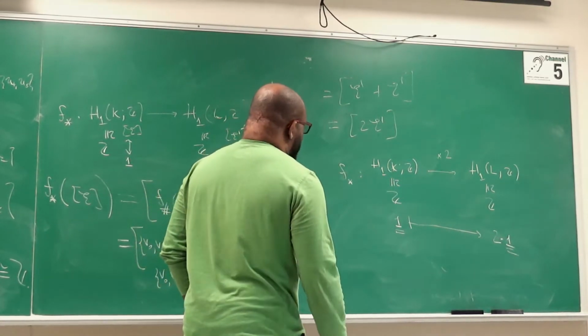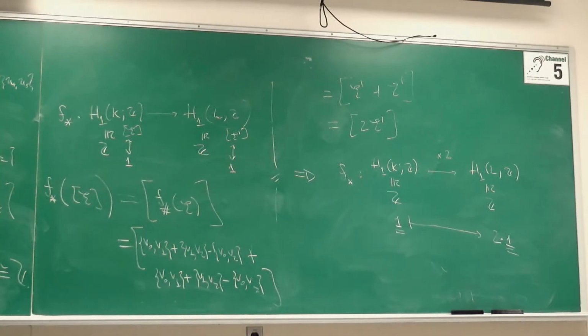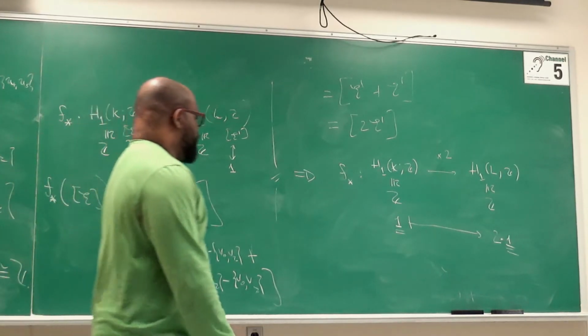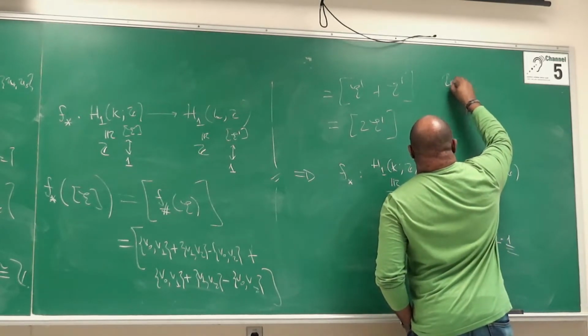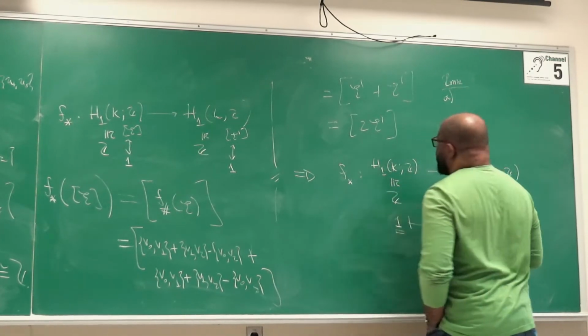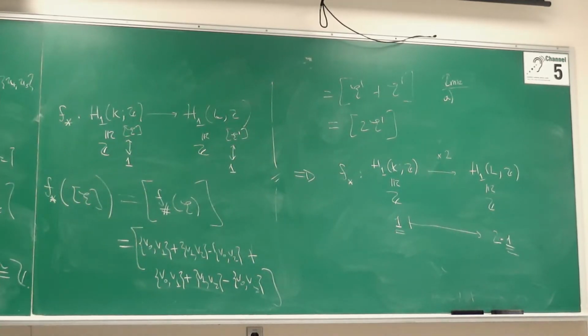So there are several things that are interesting about this example, even though it seems trivial. Let me start here. Hopefully you will agree that the f that I have here is a surjective function, right?